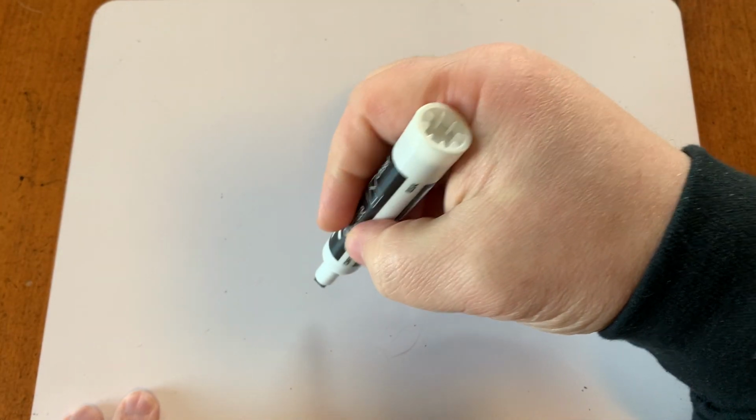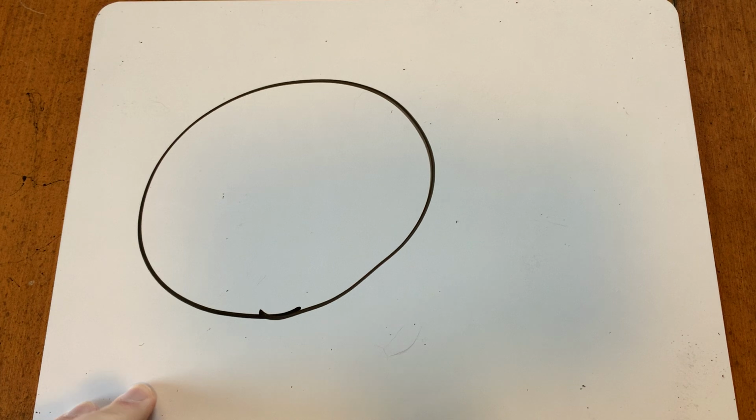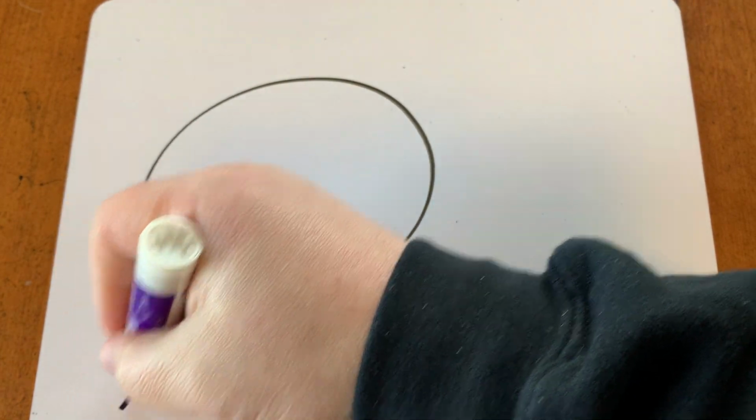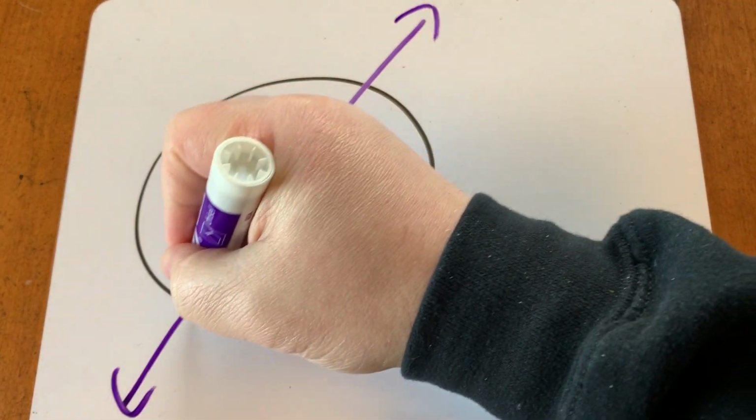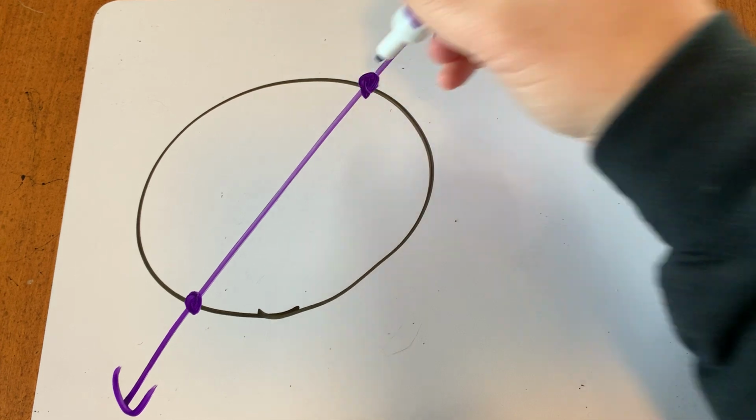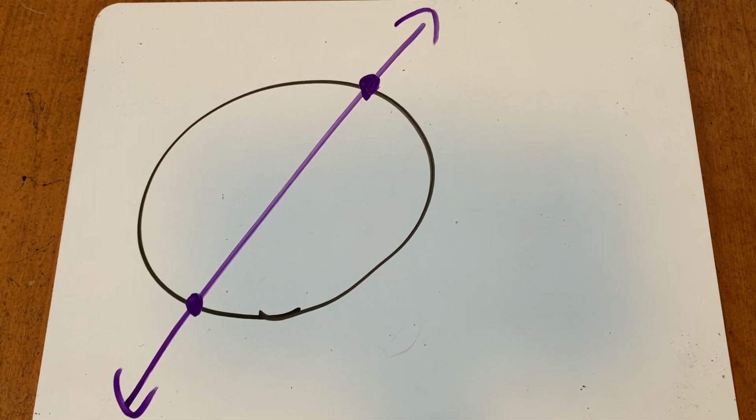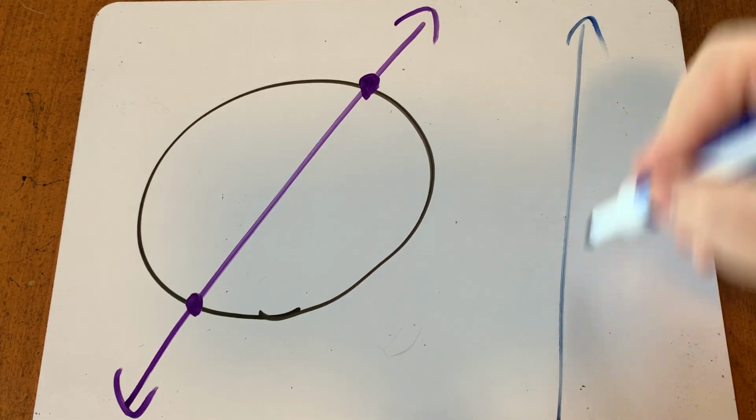So we need to start out with the circle. And the way lines can be related to a circle, you can either have the line intersect the circle at 2 points. You can have the line intersect the circle at 0 points.